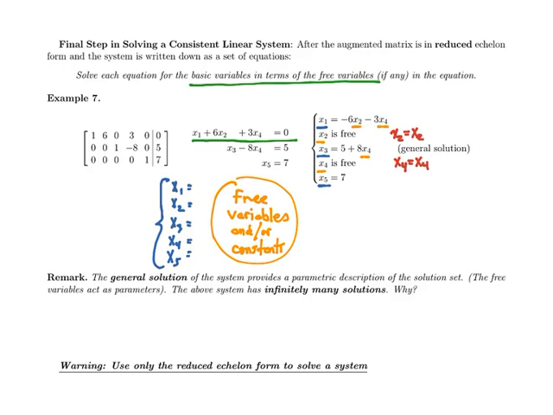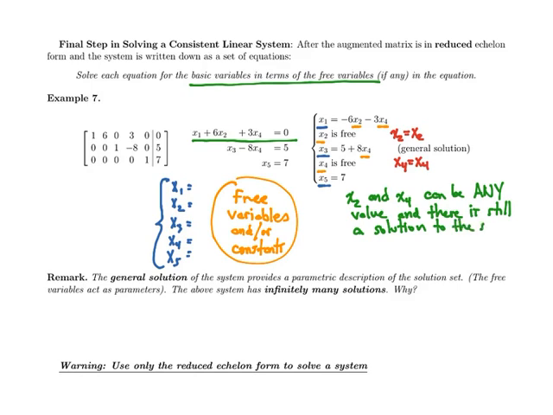So why is this called a free variable? Well, the idea is that x2 and x4 can be any value, and this solution is still satisfied. So x2 and x4 can be any value, and there is still a solution to the system.